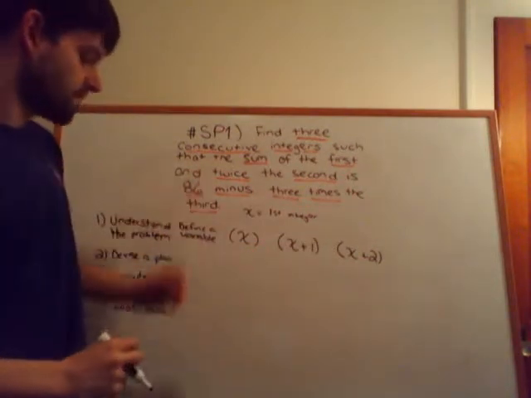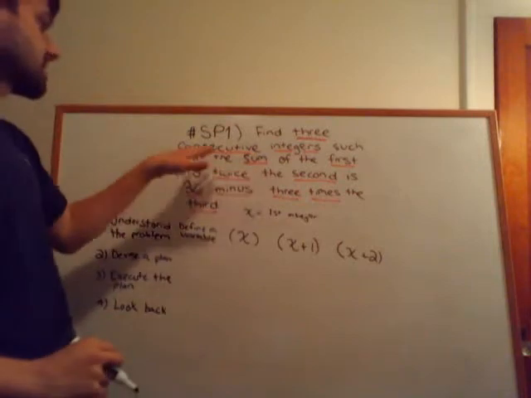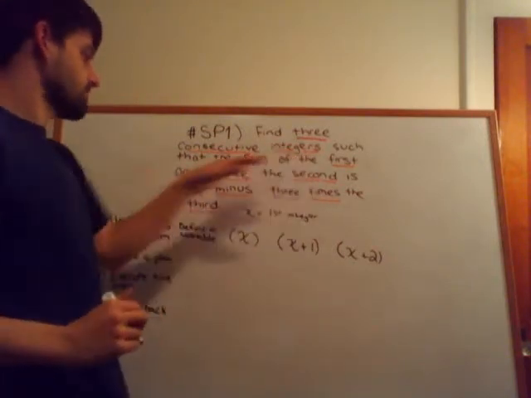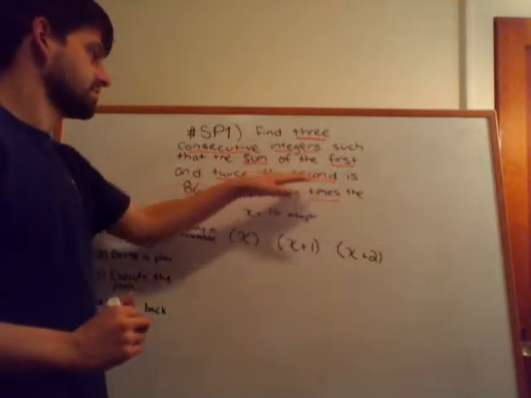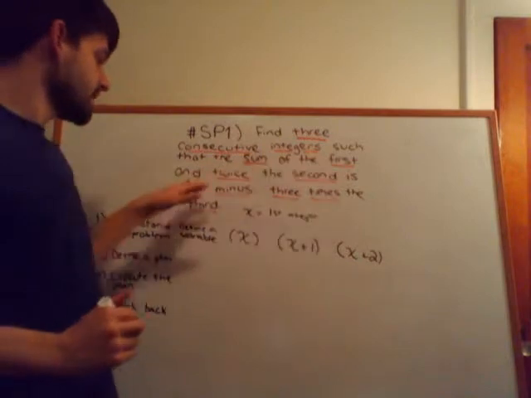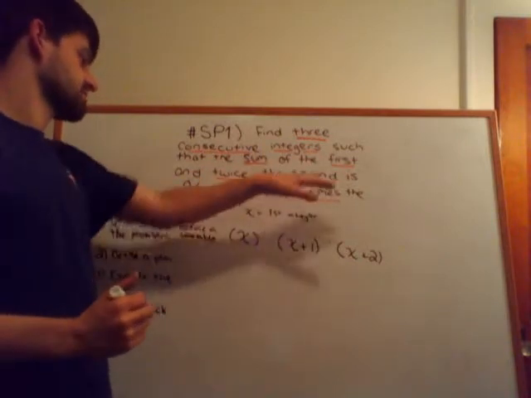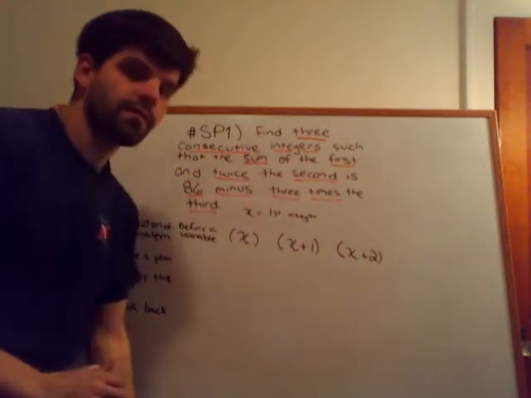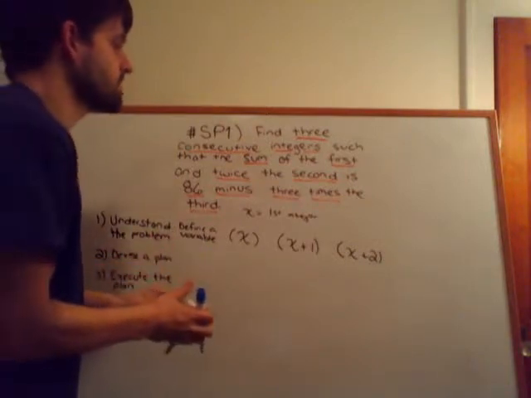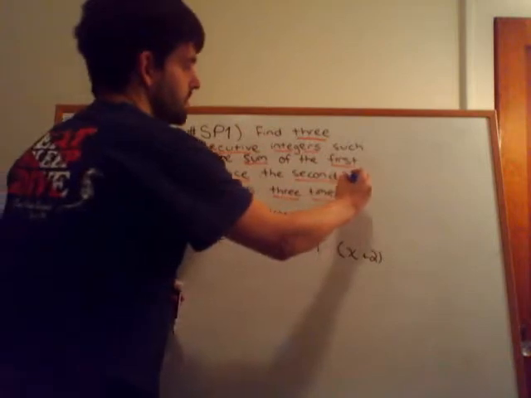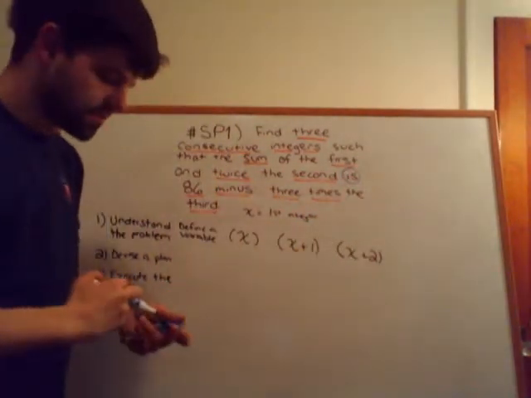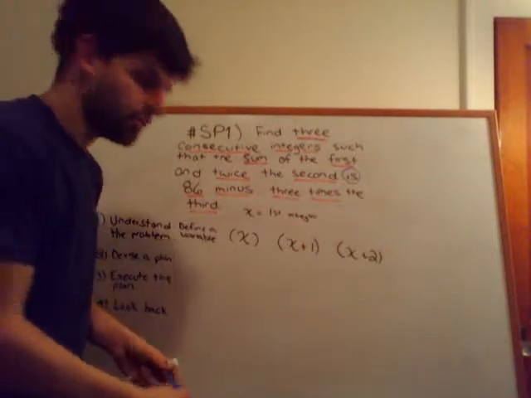Now, continuing on with the sentence, it says such that the sum, that means addition, of the first and twice the second, first integer and second integer, is 86 minus 3 times the third. Now there's one very important buzzword I did not underline, for the reason that it is extremely important, and that is, when you see is, think equals.